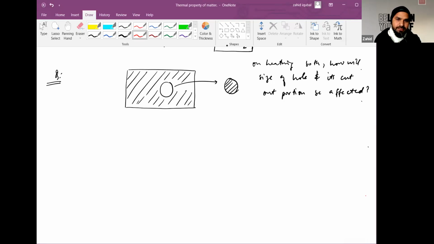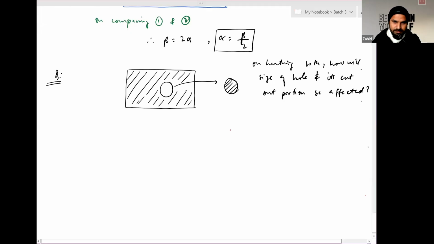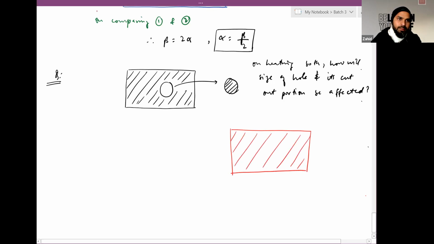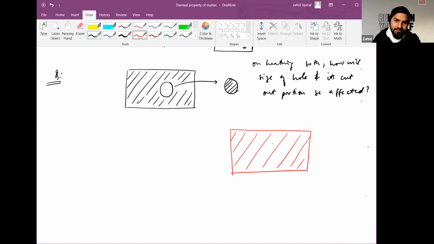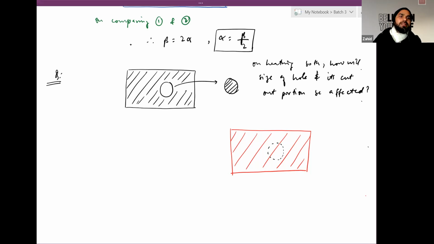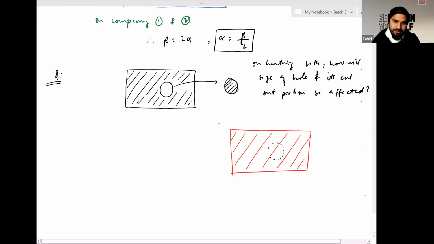Suppose you have this entire solid in which I've just marked a particular point. Let's say this. I haven't cut out. So what will happen on increasing temperature? So you'll say this entire system will expand.